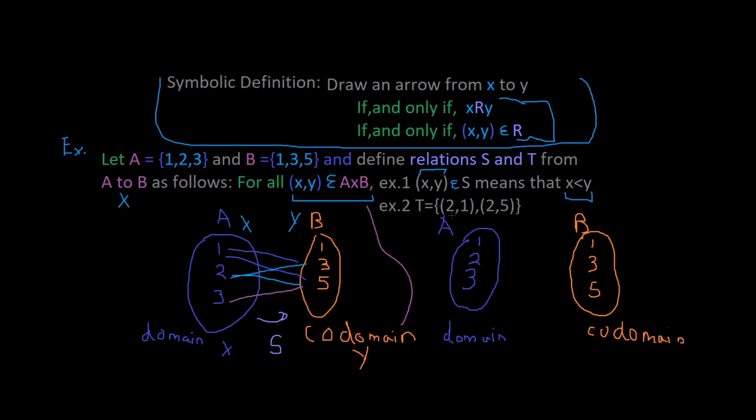So we're gonna do 2 to 1. And you probably could guess what the last one's going to be. It's going to be 2 to 5. And it's just as easy as that. So that's going to be our what? Relation T. So we're showing the relation from A to B. So just same thing as this right here.